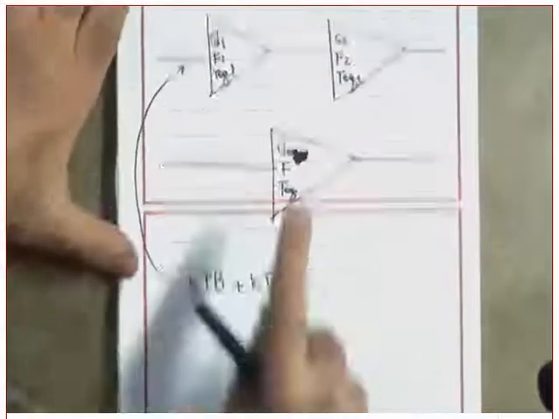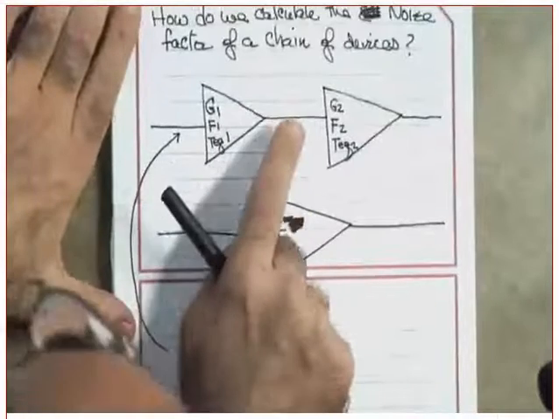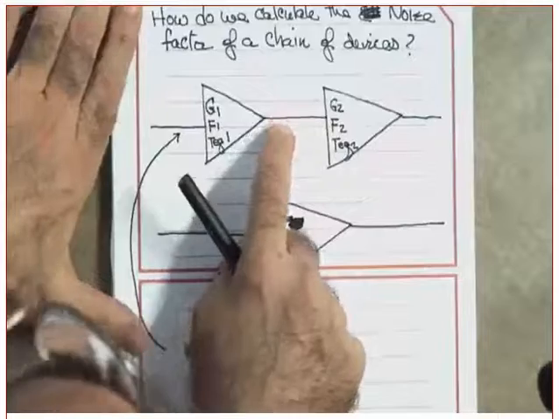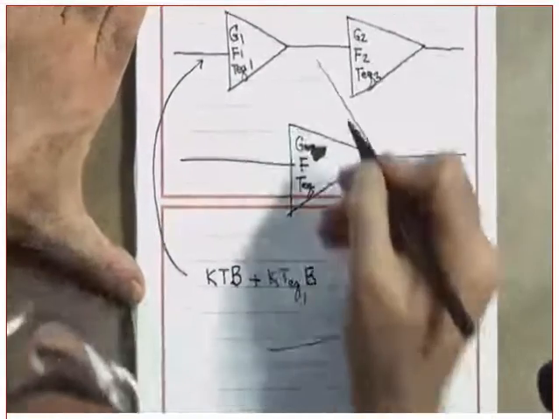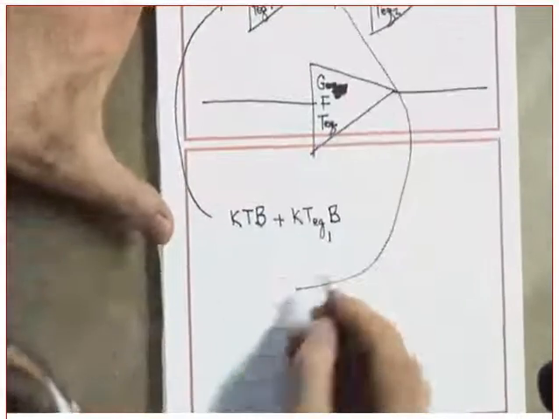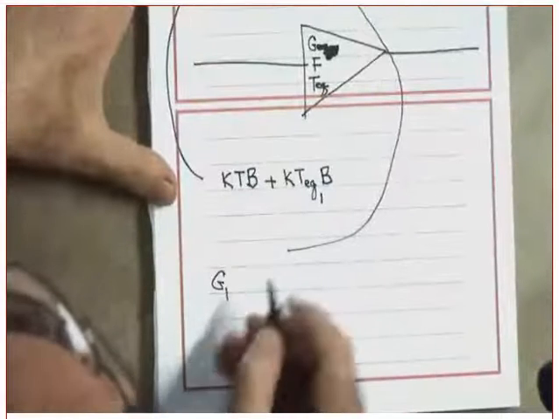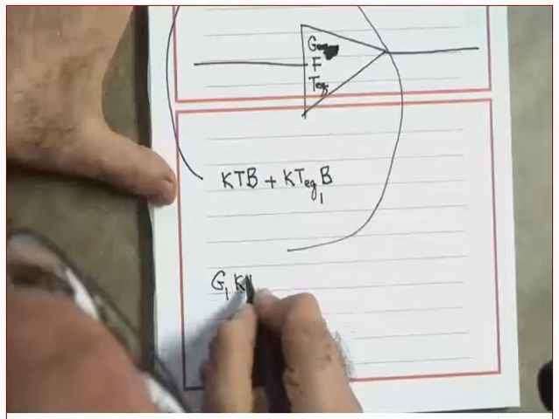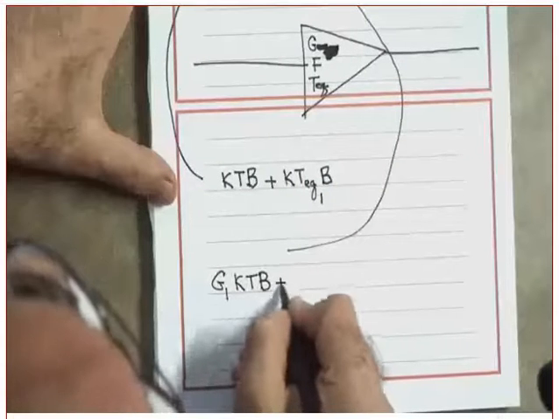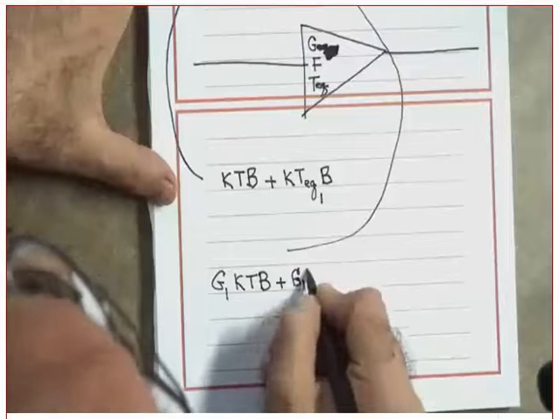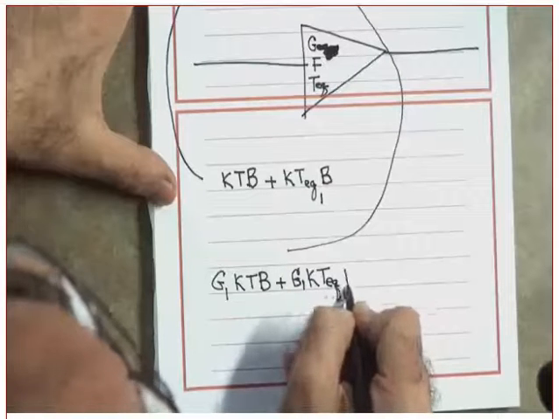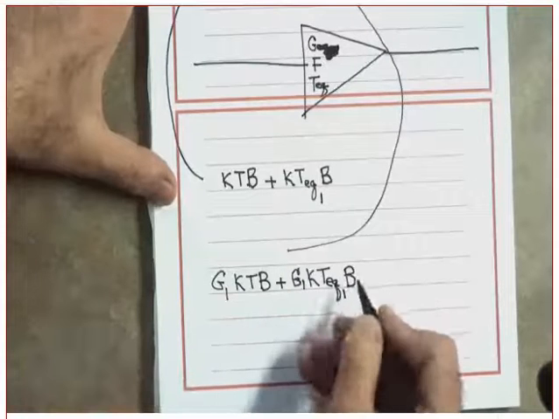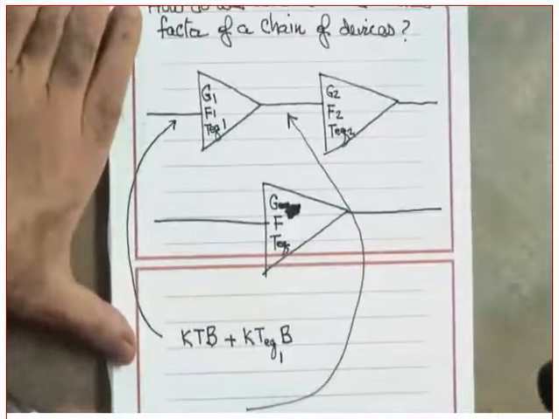Now, what is the noise power here? I messed up the diagrams, but that's okay. It is G1 times KTB plus G1 K T equivalent 1 B. Am I done or not yet?